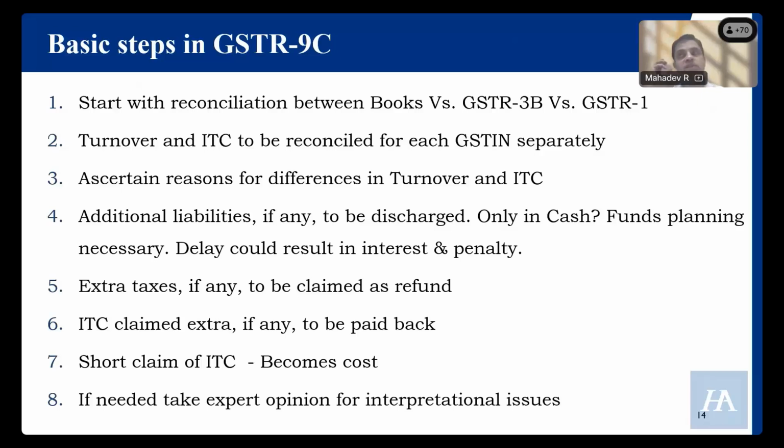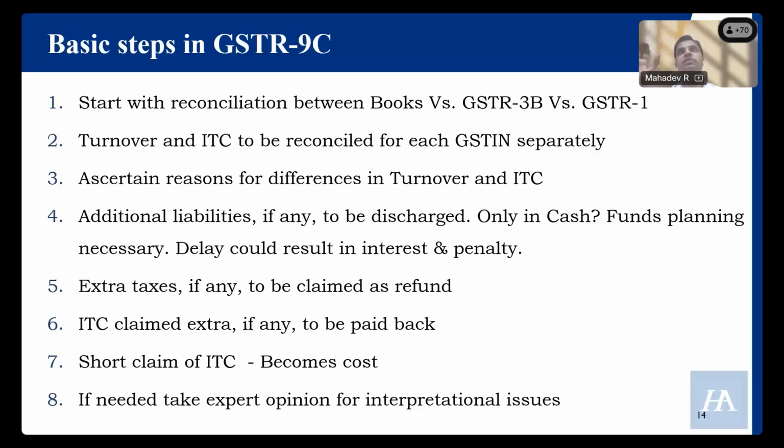So basic steps before we get into GSTR 9C, always start with the reconciliation. We know what reconciliations are required. Reconciliation has to be there between your books of accounts, GSTR 3B and GSTR 1. There are going to be differences for sure.